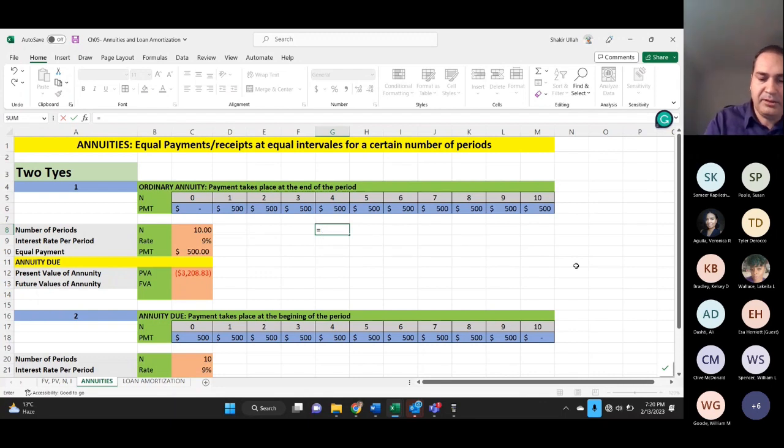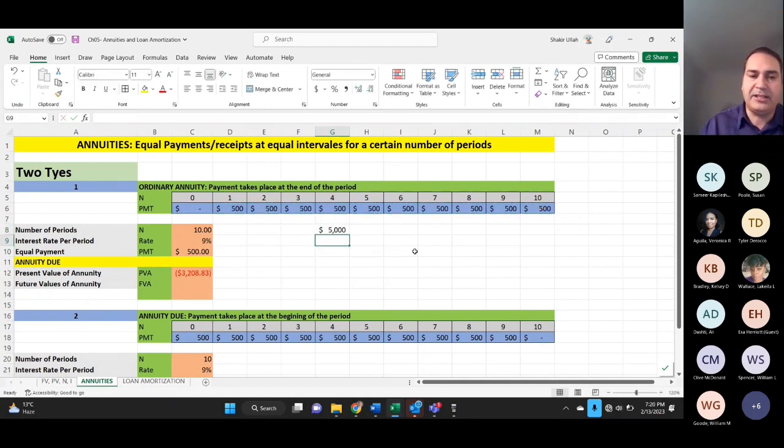The sum of these cash inflows, if you would like to do that, you're actually receiving 5,000 in total, but you are making an investment of 3,208 today. Why are you receiving a total more than your investment? Because when you put this money with the bank, the bank also pays you interest for your investment for the period of your investment.